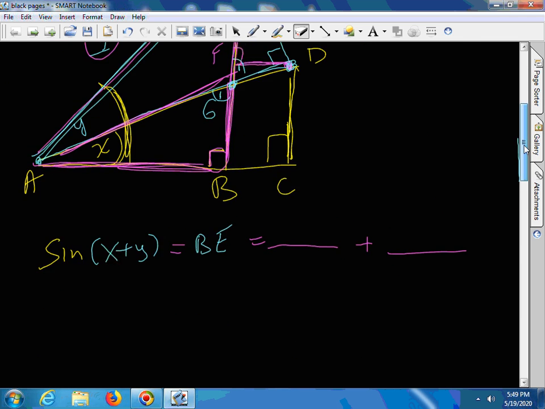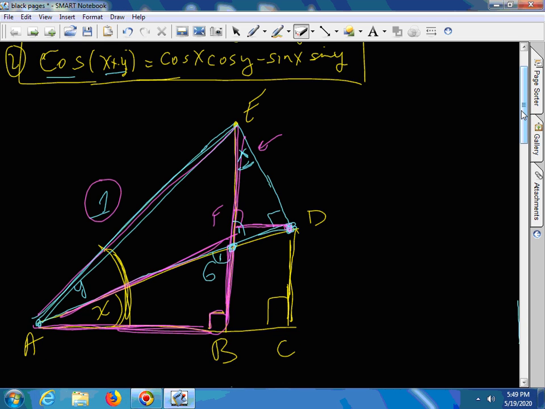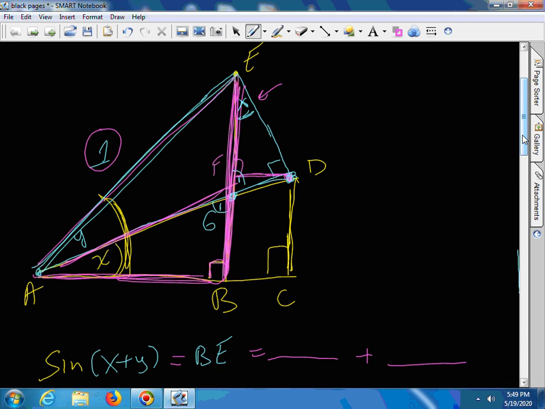Now, BE. BE is this long length right here. Okay, well I can break it up into a sum. I can say it's BF plus FE.